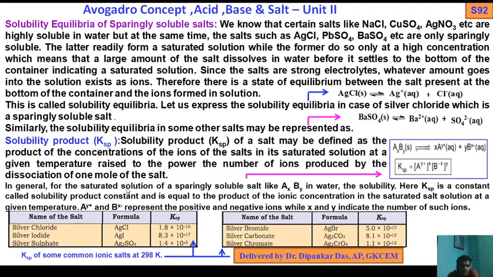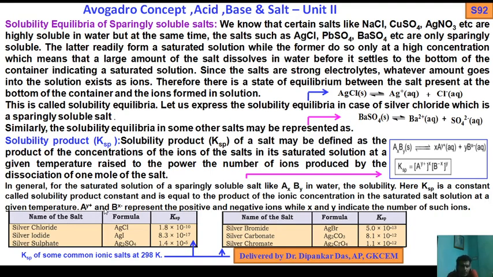In general, for the saturated solution of a sparingly soluble salt like AxBy in water, Ksp is a constant called the solubility product constant and is equal to the product of the ionic concentrations in the saturated salt solution at a given temperature.